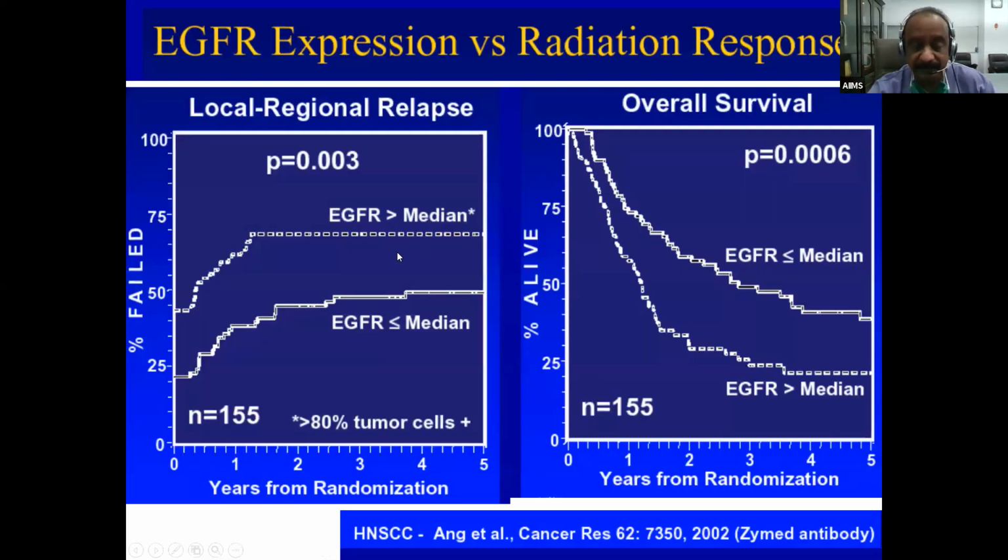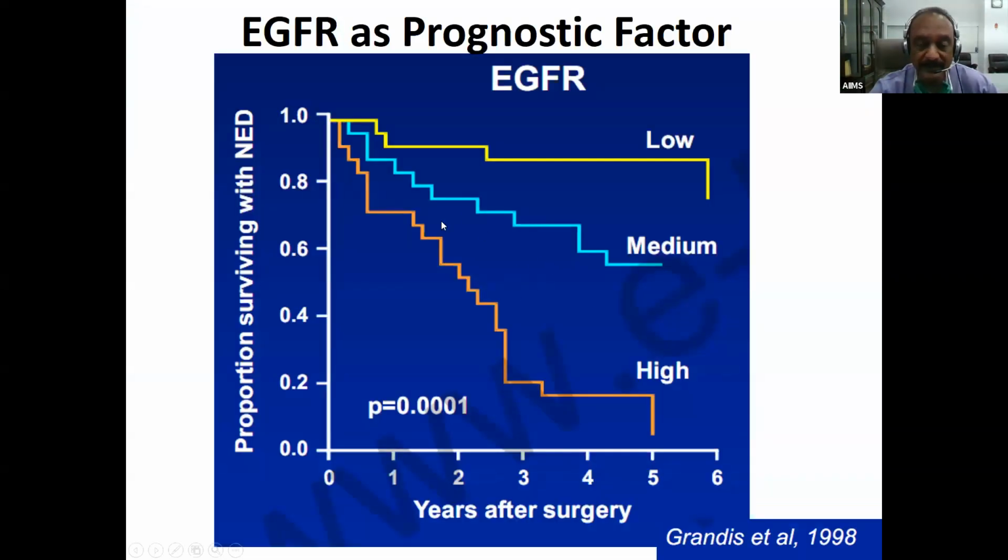There are other data which suggest that when you have patients with EGFR more than median, there is a very high failure rate as compared to patients having EGFR less than median. Similarly, these patients have inferior overall survival. The same is seen in data from a surgical series: if you have high EGFR, you have worse prognosis as compared to patients having low EGFR.